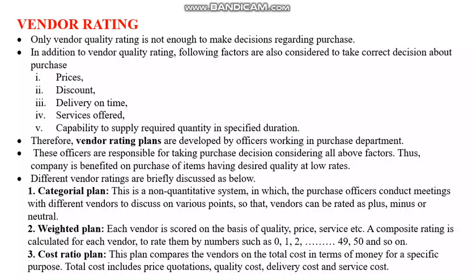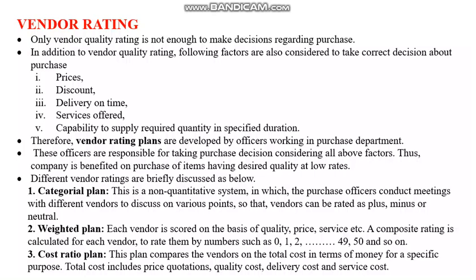Different vendor ratings can be a categorical plan, like I said, good, bad, or you can say plus, minus, neutral. Weighted plans means on a scale of 5 stars, a 5-star rating, or here they are saying from 0 to 50 you can rate. This vendor in our rating is at number 50, or he's at number 40, he's at number 30. The moment you say it, you will understand.